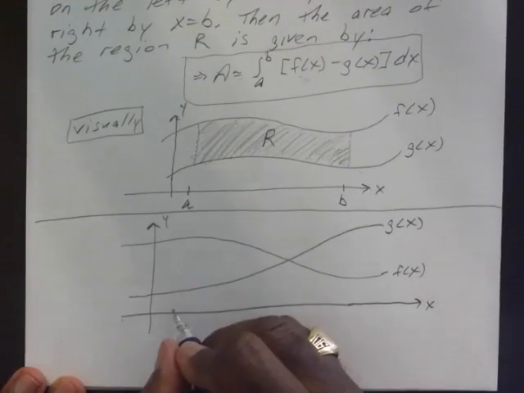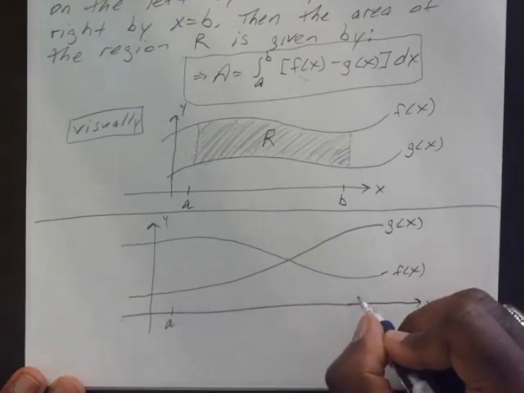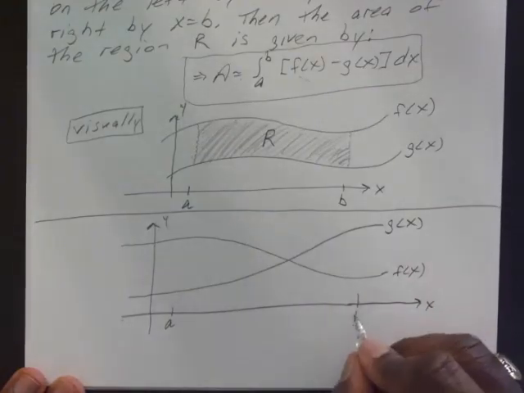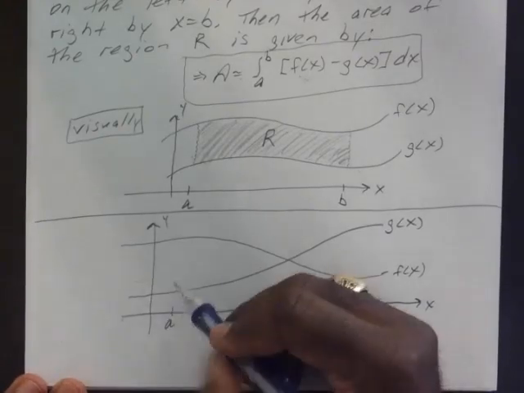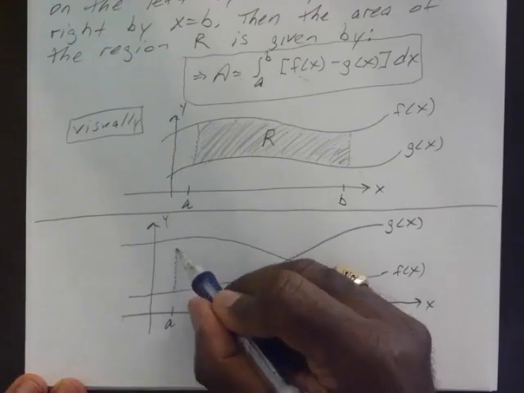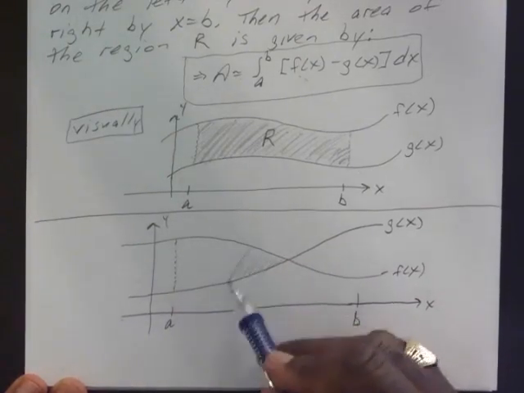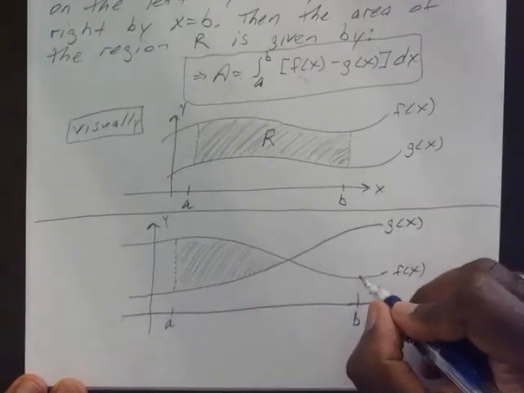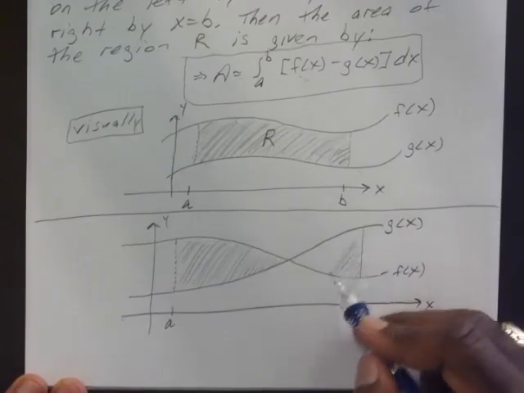Now let's say we're still looking for the area between x equals a and x equals b. So that means we're looking for the area of this region plus the area of this region.